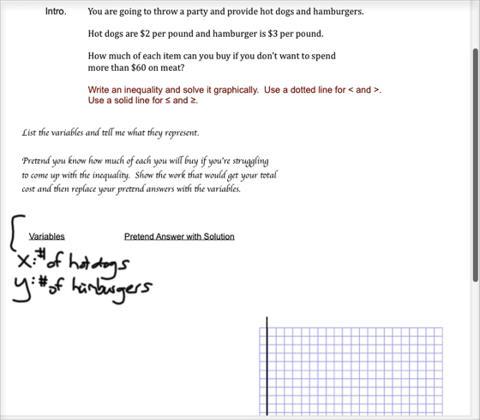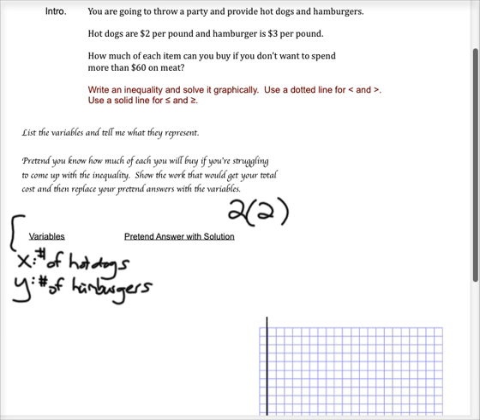And now what we're doing is we're determining cost. Well, sometimes the easiest thing to do is use real numbers. Play around with some real numbers and then figure out, all right, where does my variable fit into this? So I'm going to pretend that I need 2 hot dogs and 5 hamburgers, all right? So if I'm buying 2 hot dogs, well, that means I'm spending $2 on each one.